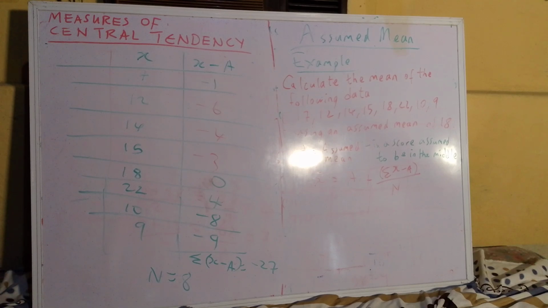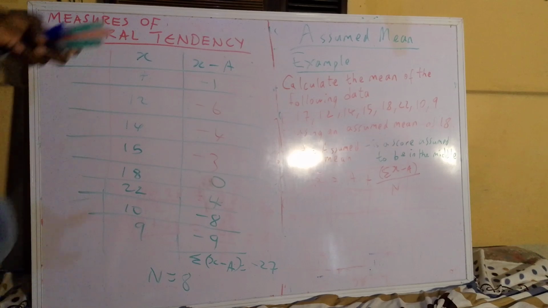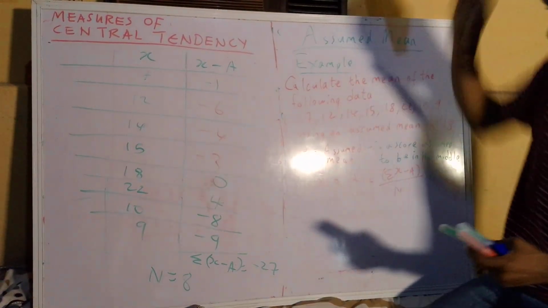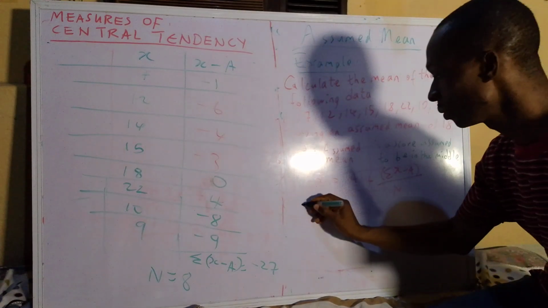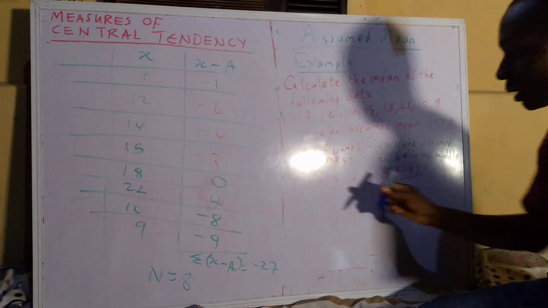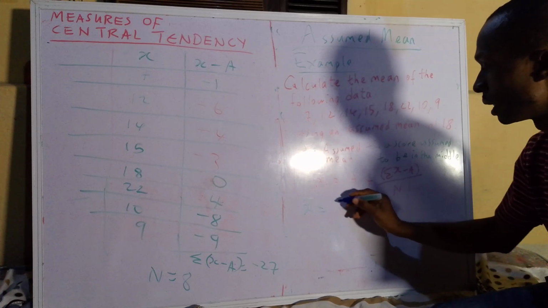So you now substitute into this formula. To substitute and solve the question, we now have the assumed mean, which is 18.